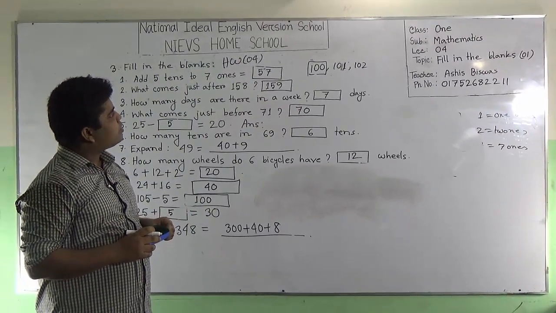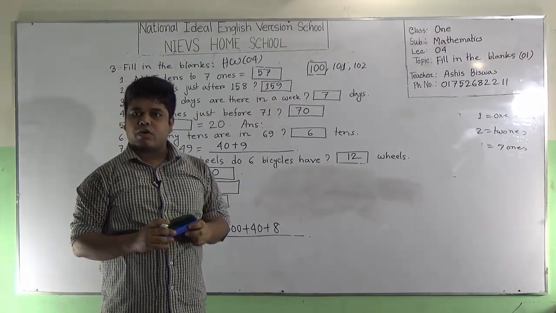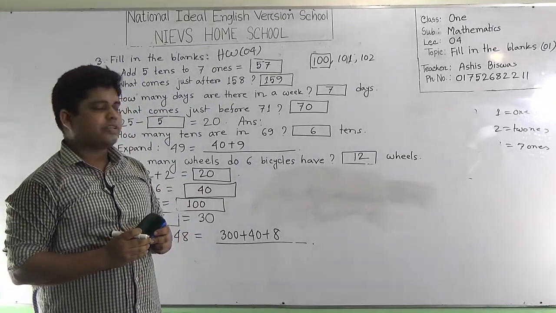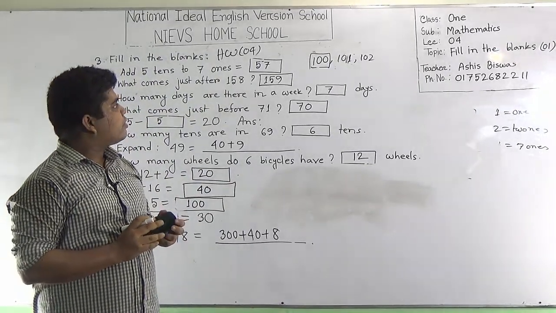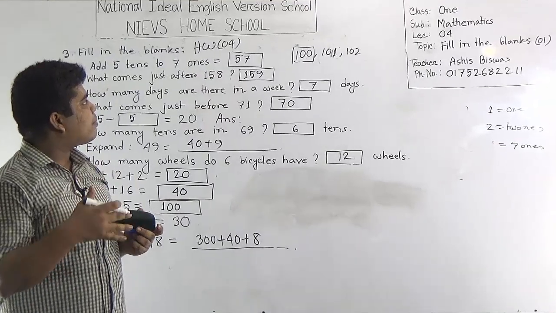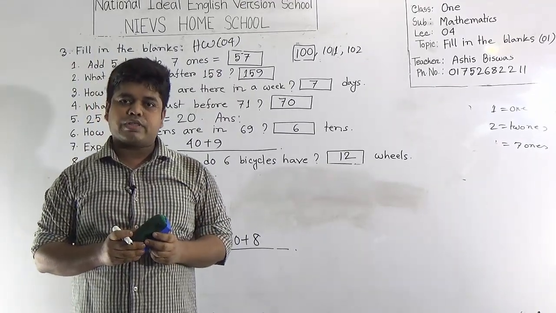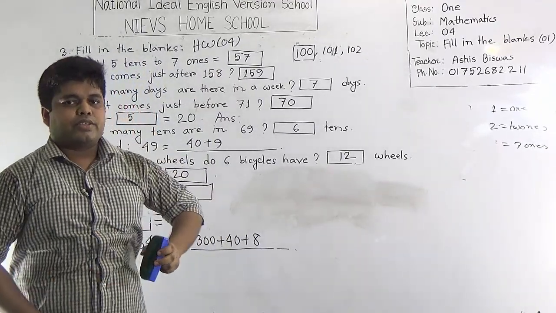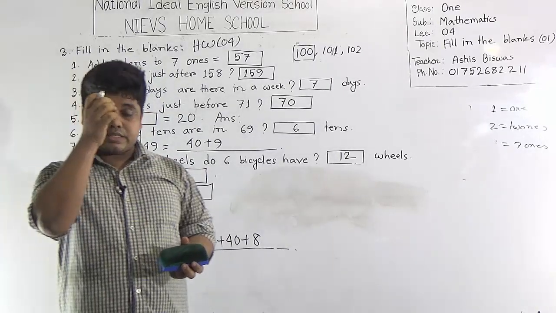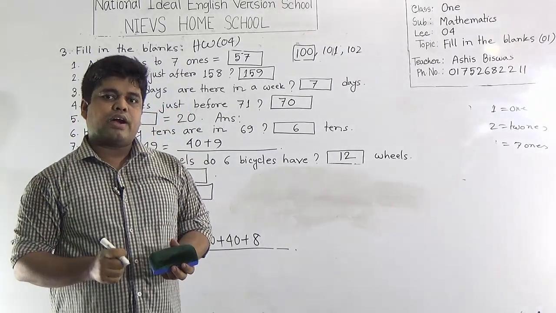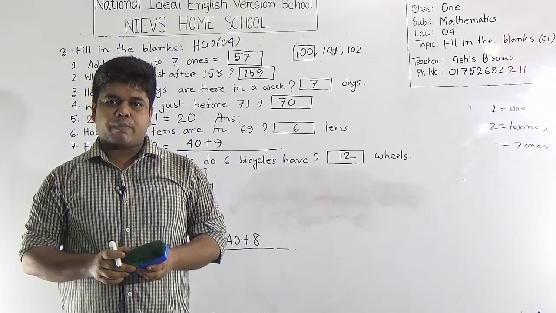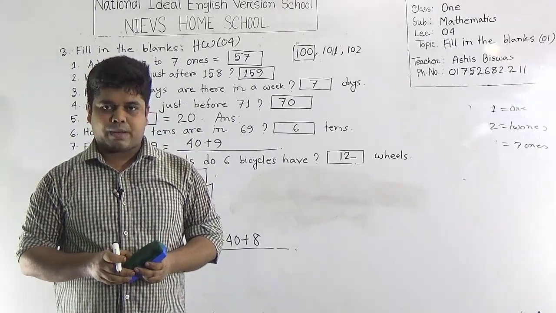So you need to do your SW in your SW copy seriously and submit it regularly. You do your SW, you submit your SW every Sunday within 8 AM to 4 PM, my dear students, and you collect your SW from next Sunday. Guardians or any other person can submit or collect SW from our school campus.